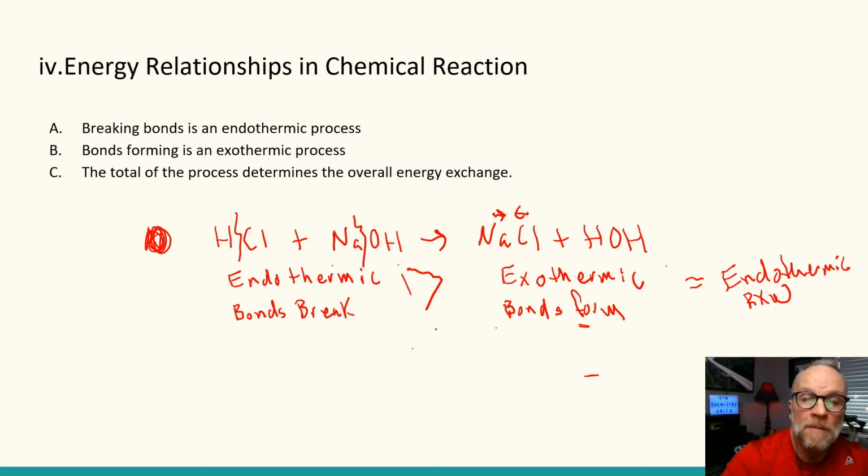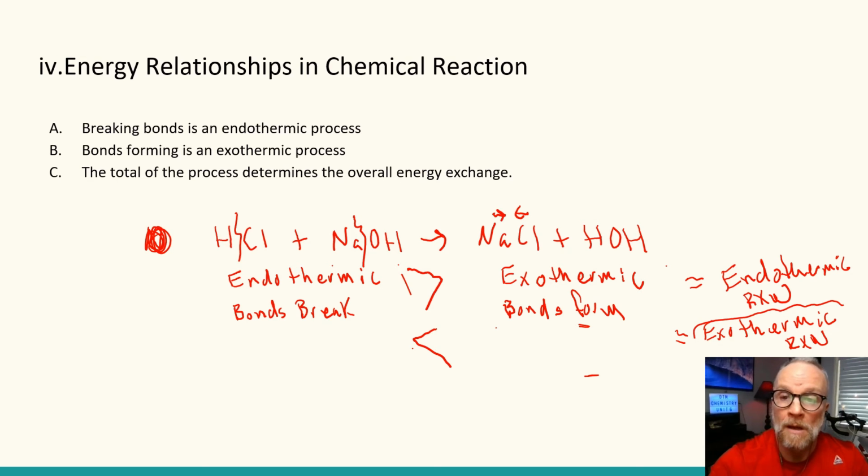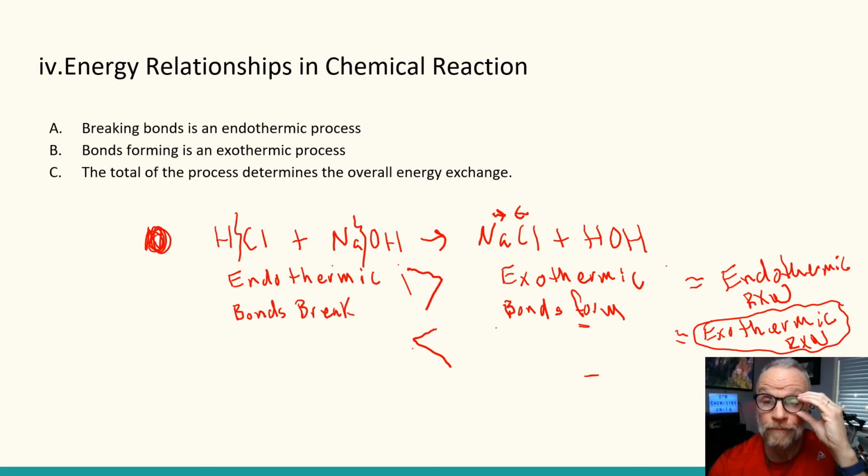But if it goes back the other way, if the exothermic part is larger, then we have an exothermic reaction. And in fact, this one is an exothermic reaction because it is a reaction that forms an ionic compound. And so that is the general idea behind the energy exchanges in chemical reactions.